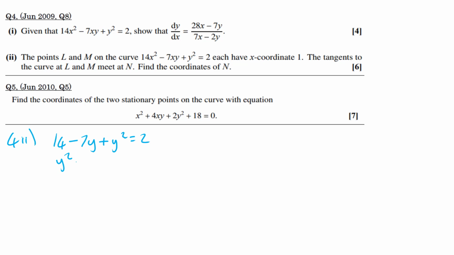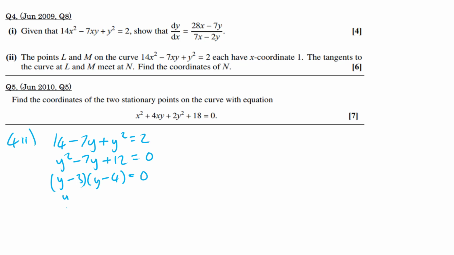I'm going to write that a bit neater. y squared minus 7y plus 12 equals 0. So we factorise, do show the factorisation. We're going to get y minus 3, y minus 4 equals 0.